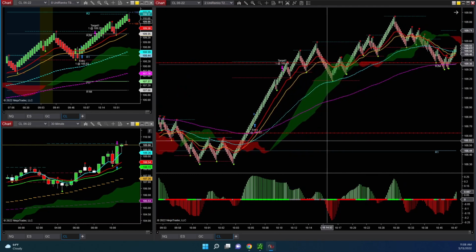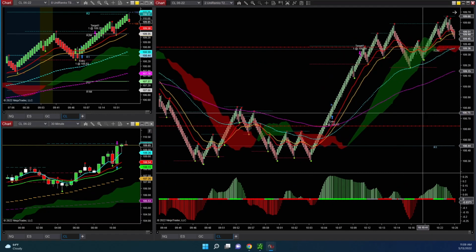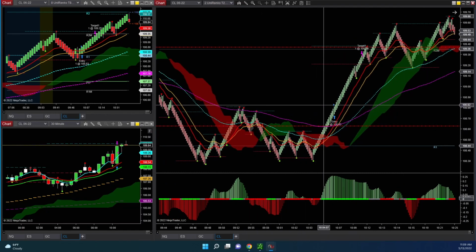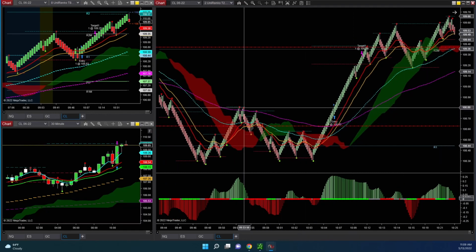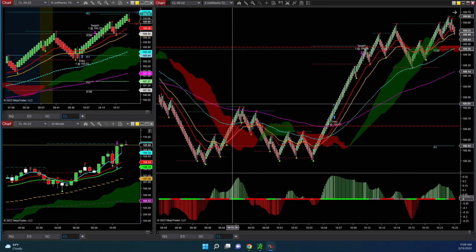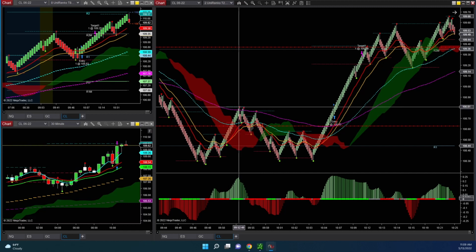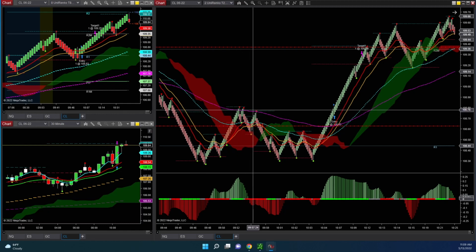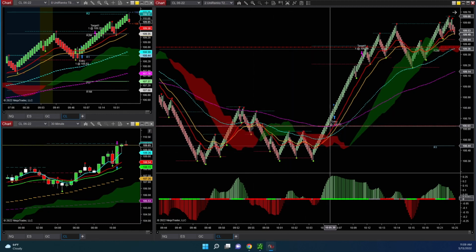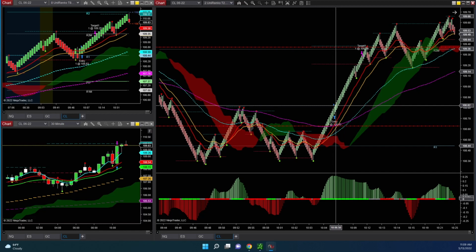It already made a run, and then you have 1, 2, 3 attempts or 3 pivots that we needed to go through, right? So in this case, it made already a run.